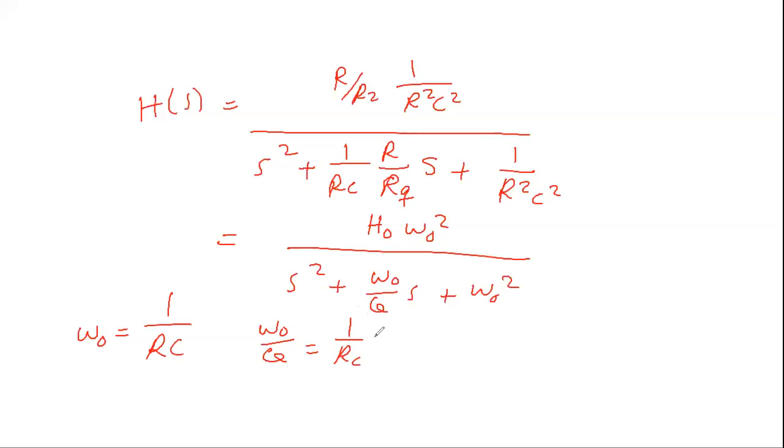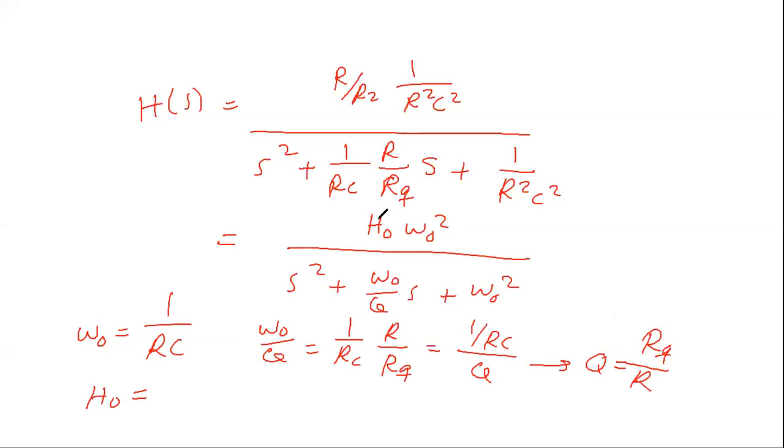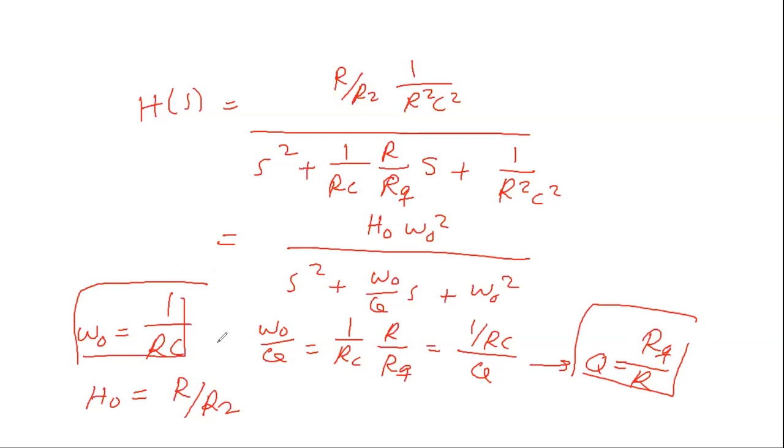It's 1 over RC times R over RQ, and this equals 1 over RC divided by Q. So from here, you can find Q, and Q is going to be RQ over R. And how to find H0? H0 is this factor here that's multiplied by omega 0 square, which is R over R2. So these are the expressions for omega naught, for Q, and H0.